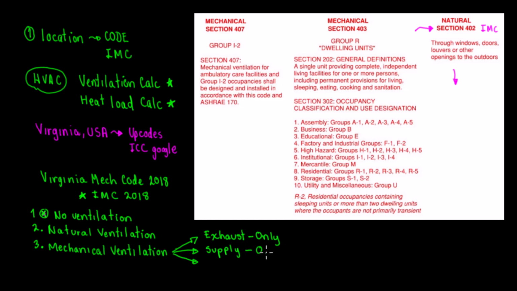And the other is the balanced method: exhaust only, supply only, and balanced. So remember, what are you doing with the ventilation? You're going to comply with code mechanical ventilation, option number 3, right here, and then you have to choose one of these three options.